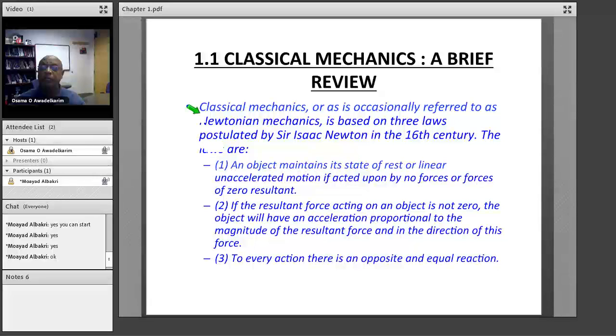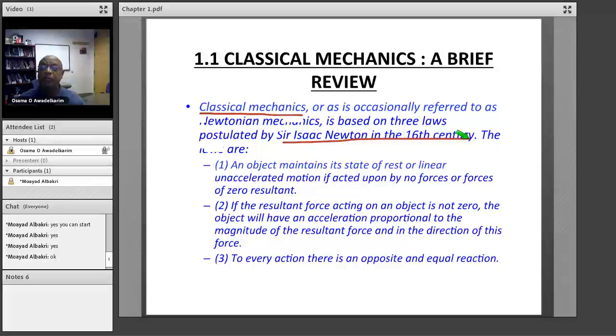So classical mechanics is an older mechanics. It's about more than 400 years old, or close to 400 years old. It's back in the 16th century. So in the 16th century, Sir Isaac Newton postulated the 3 laws that came to be the basis for classical mechanics.